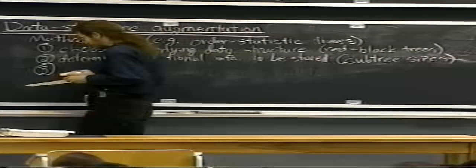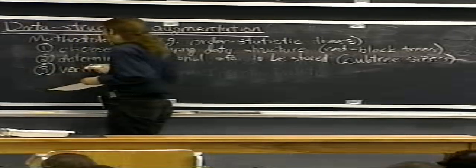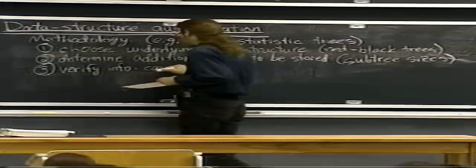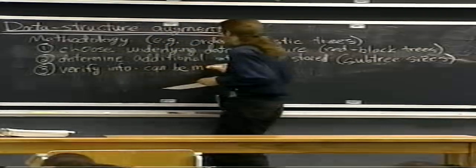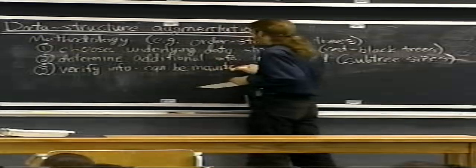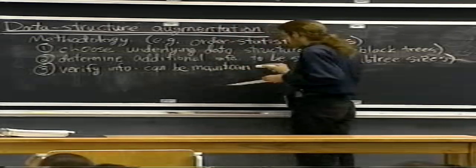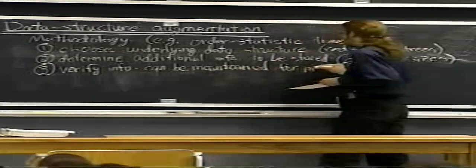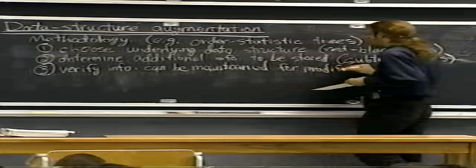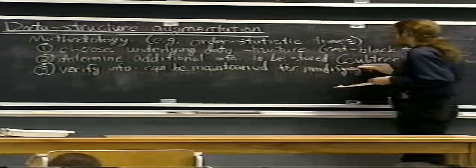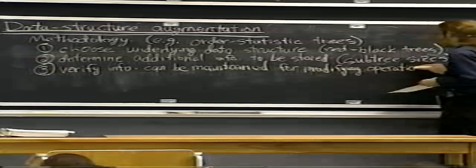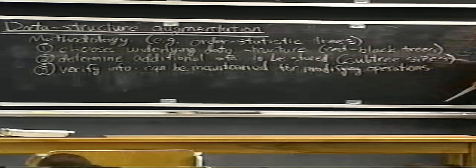The next thing you need to do is verify that you can actually maintain that information. When I do an insertion or a deletion or any kind of update, which we'll call modifying operations, in the old data structure, I can still maintain the subtree sizes in this example.